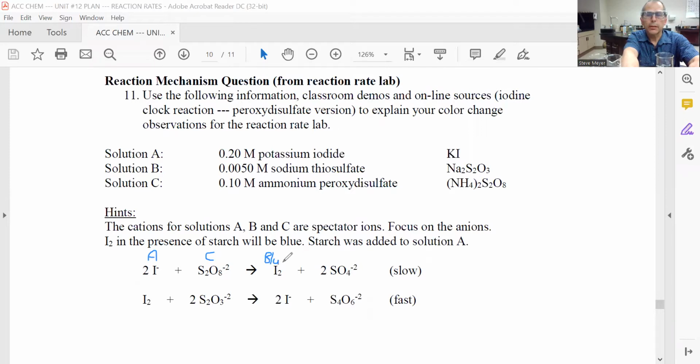Painfully slow. I should do a little text, right? Which means this is blue. Almost. And everything else will be clear. And then this is B right here.